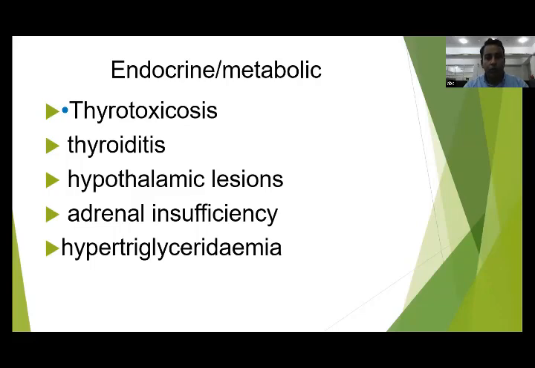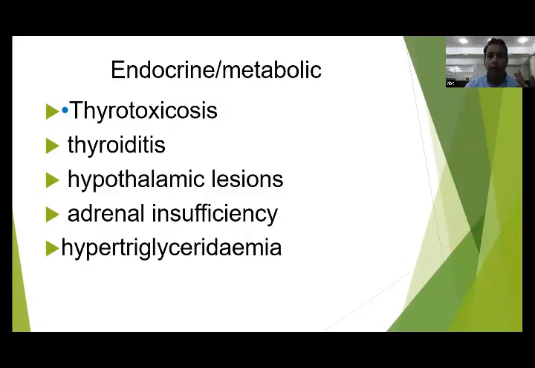A few metabolic or endocrine causes: thyrotoxicosis. The patient may have thyroiditis and may have spikes of fever. So in general examination of a patient with PUO, always examine the thyroid. Palpate it, not only see whether the patient has a goiter or not. Always make a habit of palpating the thyroid.